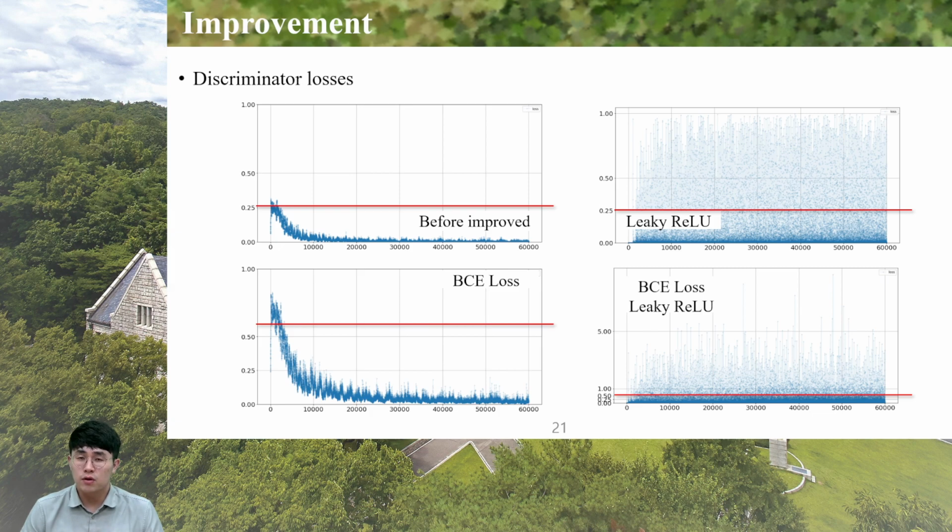It is difficult to say that it was properly trained because not all of the results converge on the red line. However, when the new method is applied, the loss value exists over a wide range, allowing it to be determined that the result is better than before the improvement.